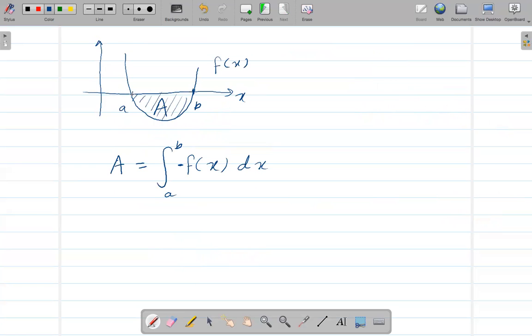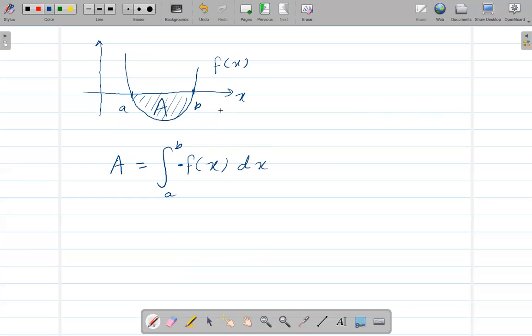Because this area is enclosed below the x-axis. Clear? Okay, so that's the basic idea of finding area using the integration.